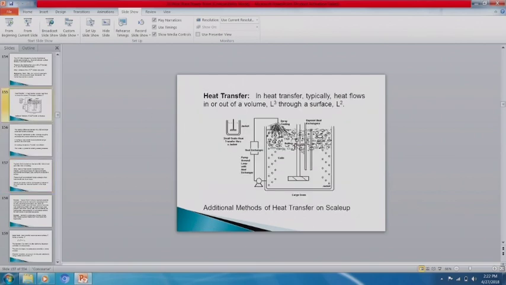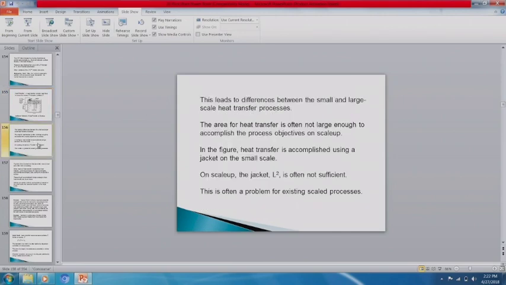So if I go back here, boiling takes away a lot of heat. Pump around loop, not so much. Direct steam injection would be a great idea to get the heat in, or maybe even inject liquid CO2. Something radical.